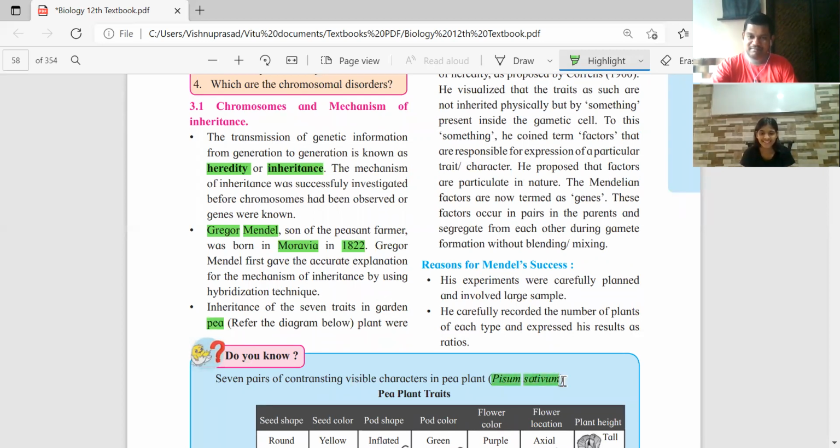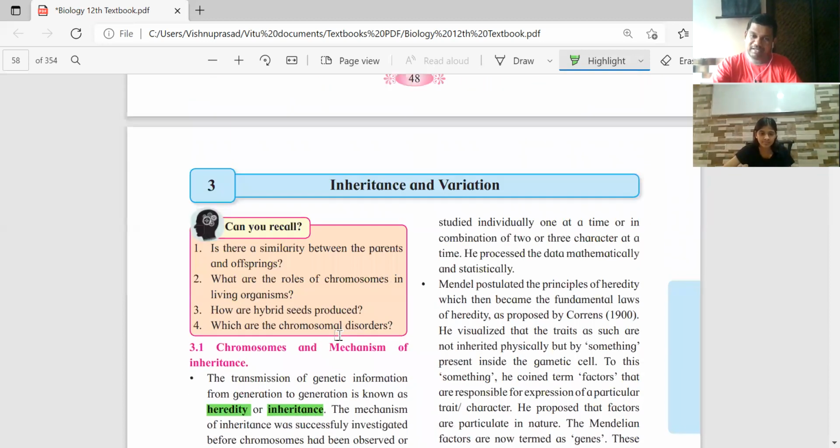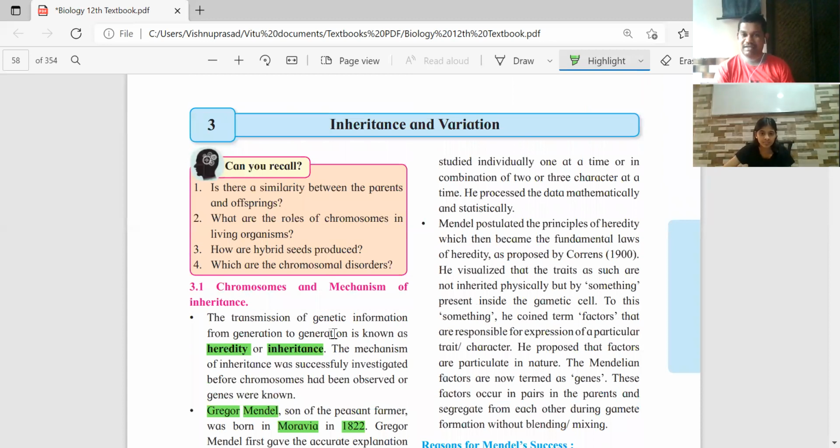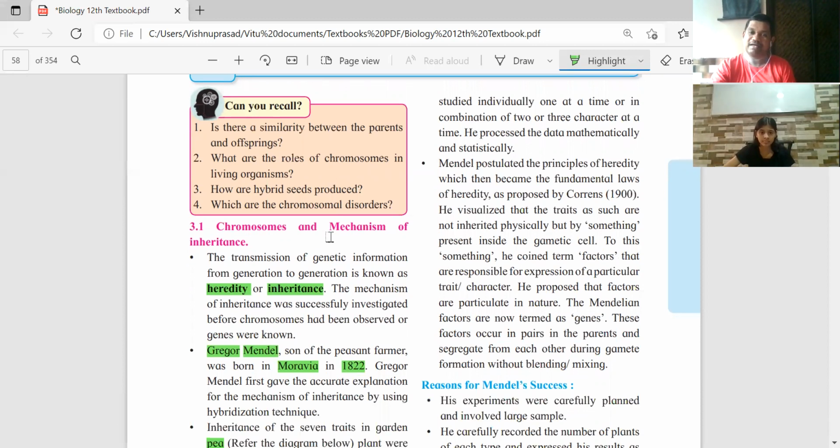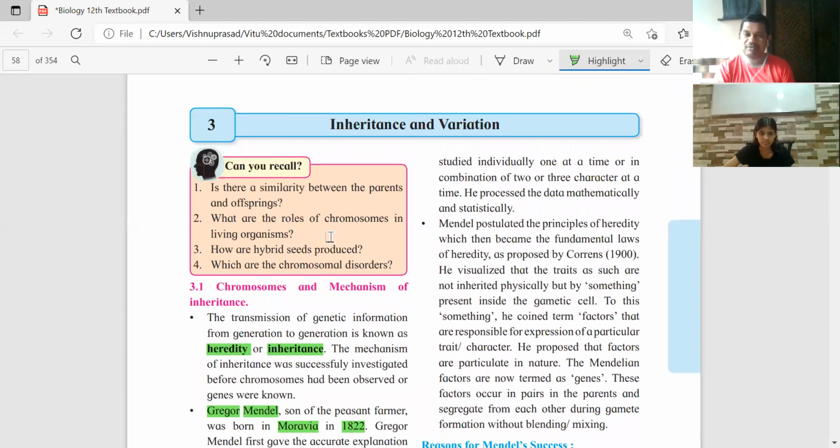Pisum sativum. Our common pea, matar, that plant. He worked on that, and the reason he did that was only out of curiosity. He just wanted to know, whatever characters or features are found in a parent organism, how do they go into the next generation?